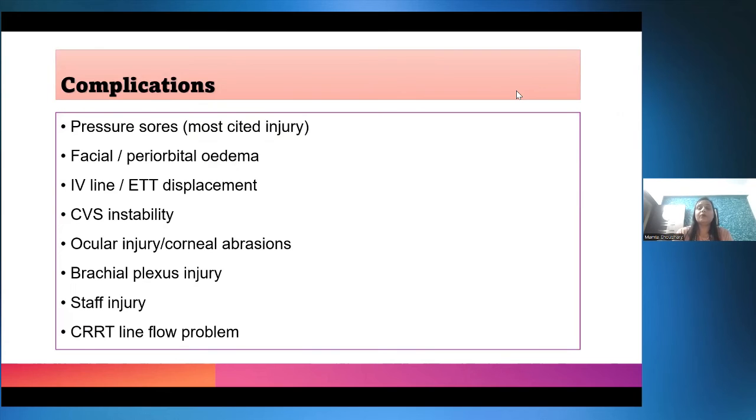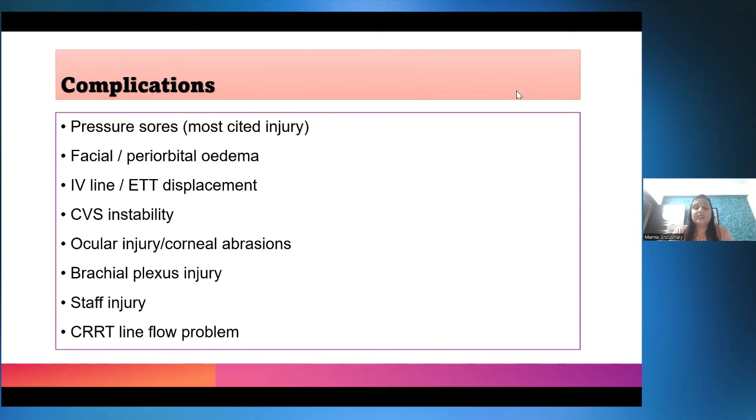Now, there are some complications that can develop because of prone positioning, for which the healthcare personnel need to be keen. First and foremost is the pressure sore, which is the most cited injury. The reason is in prone position, the pressure points shift to the forehead, chin, chest, iliac crest, knees and toes.